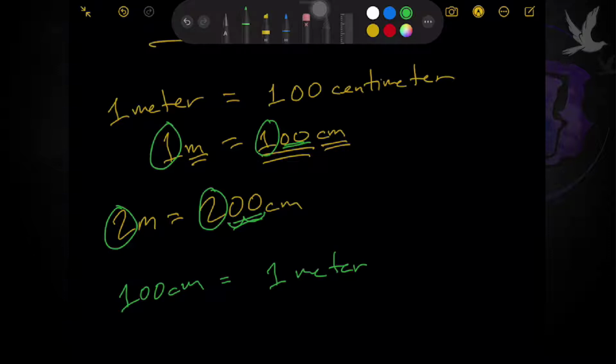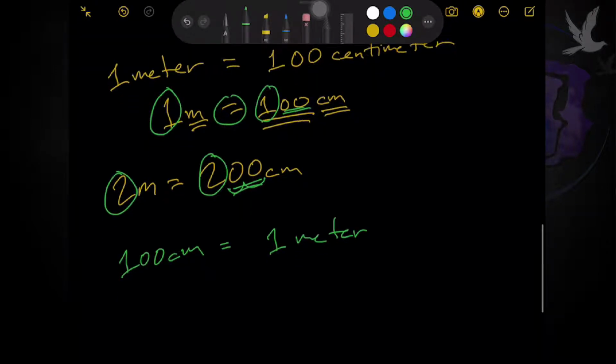So if someone tells you that my table is 1 meter long, and another friend tells you, mine is 100 centimeters long, which table is longer? With what you have learned, you know that 1 meter is equivalent to 100 centimeters. So they measure the same. That's why we have this equal sign over here.